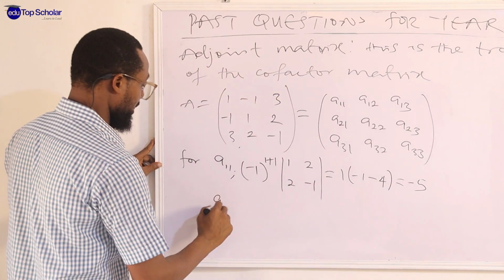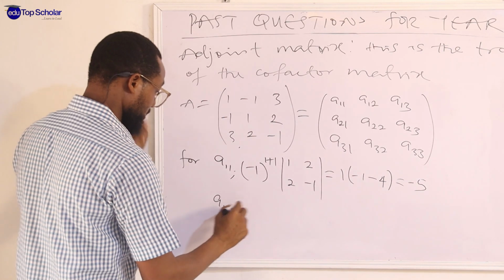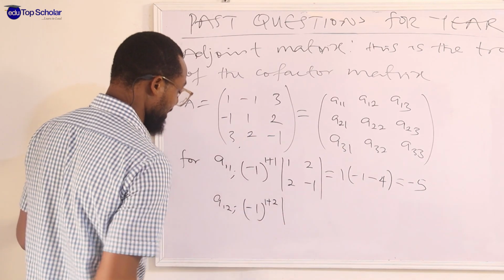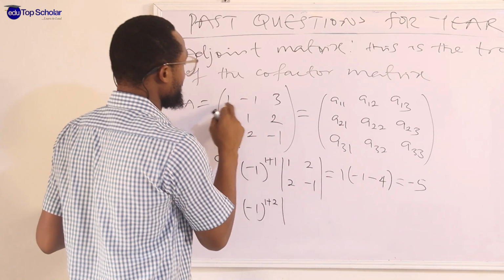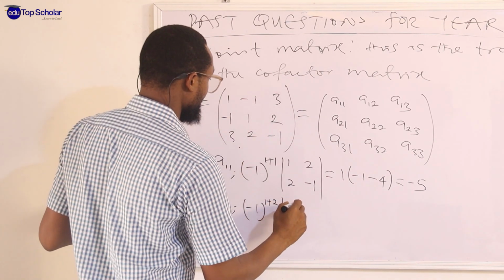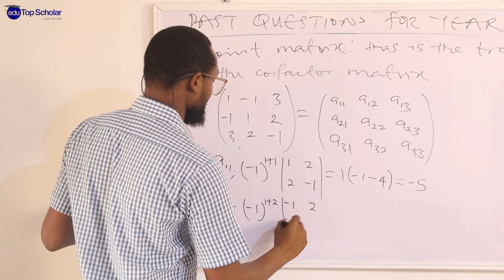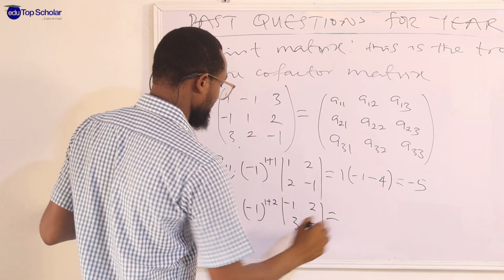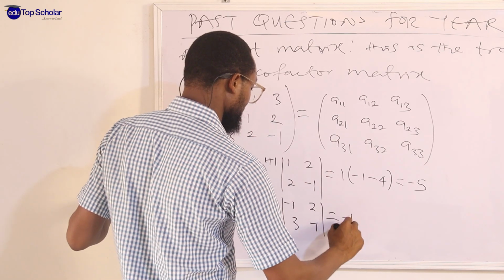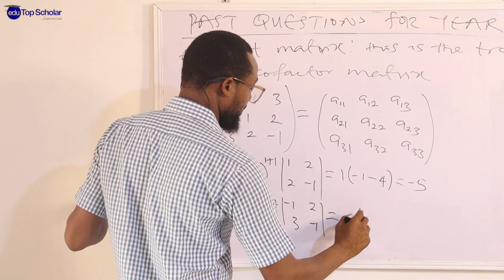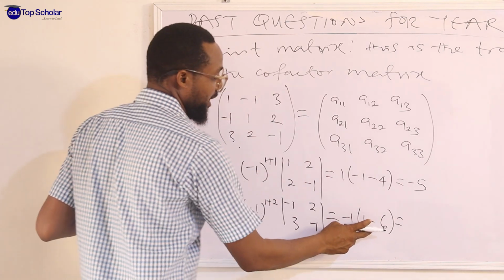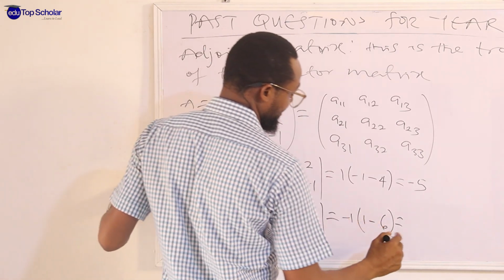And for A12, we have minus 1 raised to power 1 plus 2 multiplied by the determinant of what is left when we delete this row and column, which is minus 1, 2, 3, minus 1. Minus 1 raised to power 3 will be minus 1, multiplied by minus 1 minus 6, which is minus 5, by minus 1.